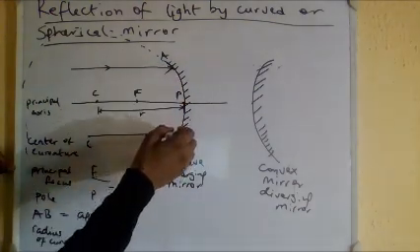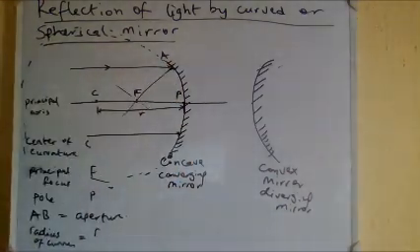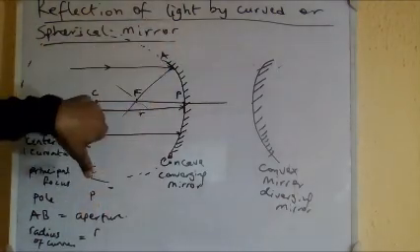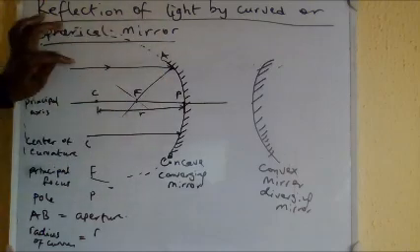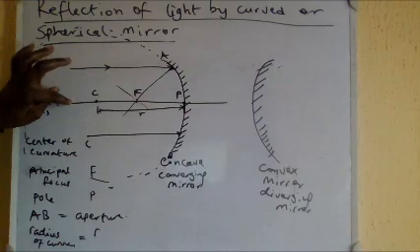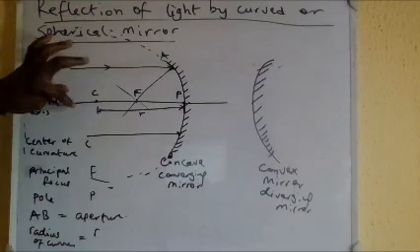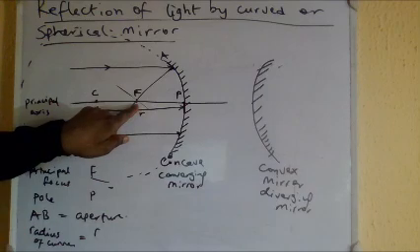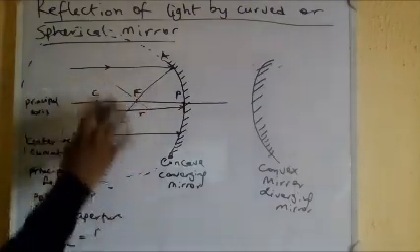Once it hits here and reflects, you understand, there is a point where it appears to converge after reflection. So the principal focus of a converging mirror, that's why we call it a converging mirror or a concave mirror, is the point where incident rays parallel to this principal line, hitting this, appear to converge after reflection.